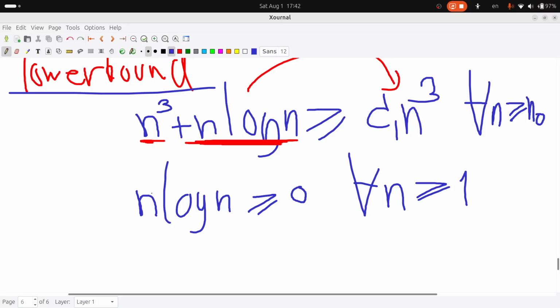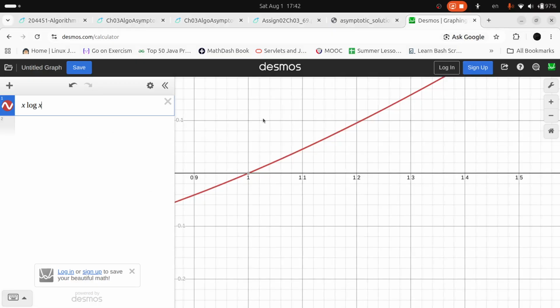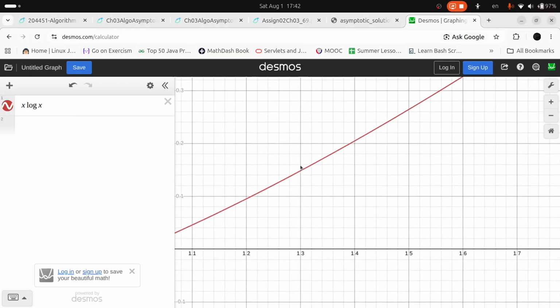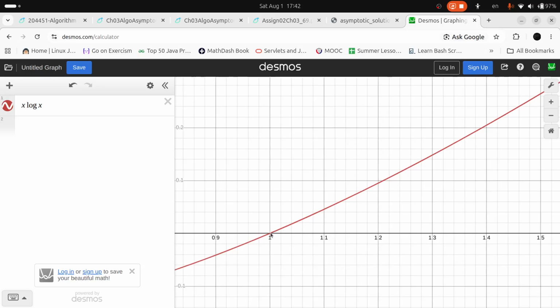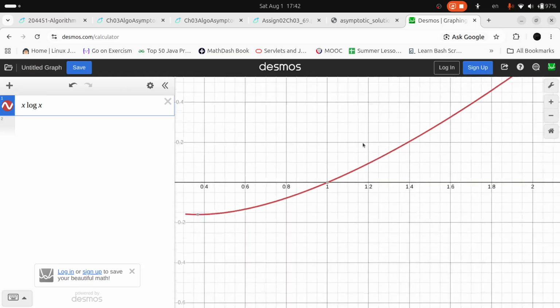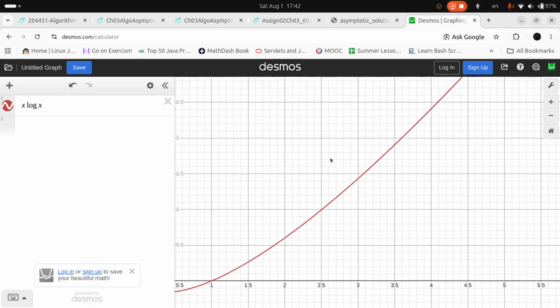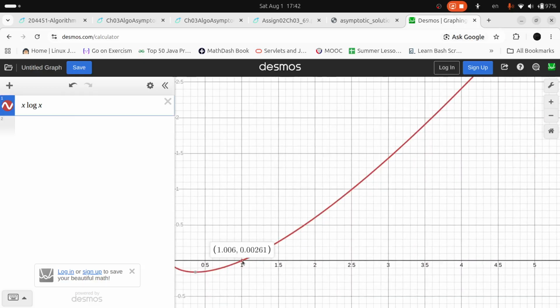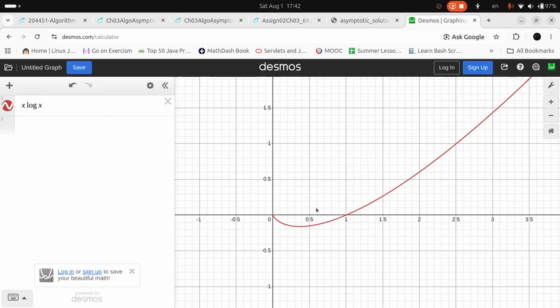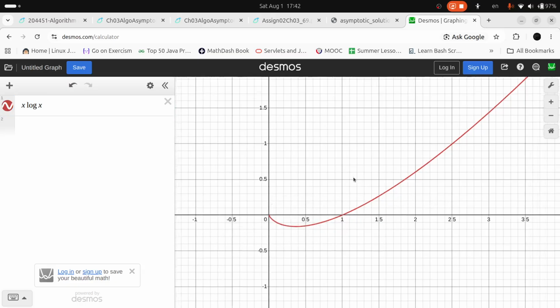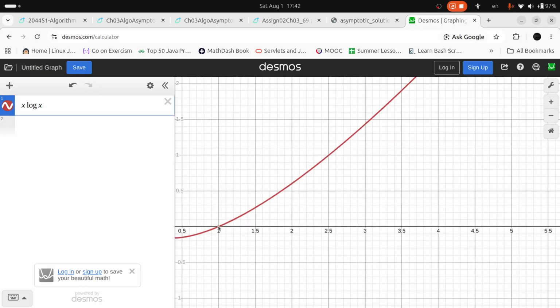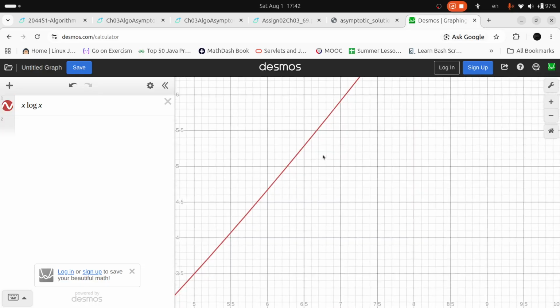And the logarithm will be an increasing function at the starting point of n equal to 1. You can see that the graph is increasing at point 1, except that for values less than 1 and greater than 0 it can be decreasing, but from the starting point of 1 it will always be increasing.